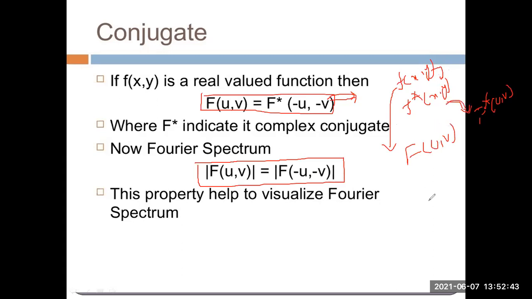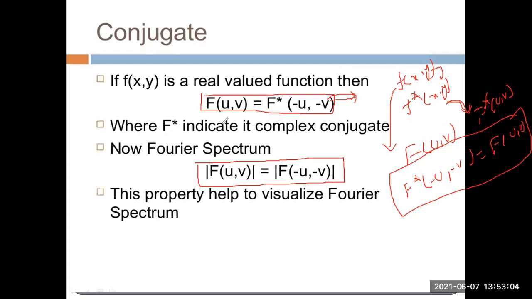Whenever you find the complex conjugation in the frequency domain, F star of (minus u, minus v) will be equal to F of (u, v). So this is the relation in terms of the frequency domain.